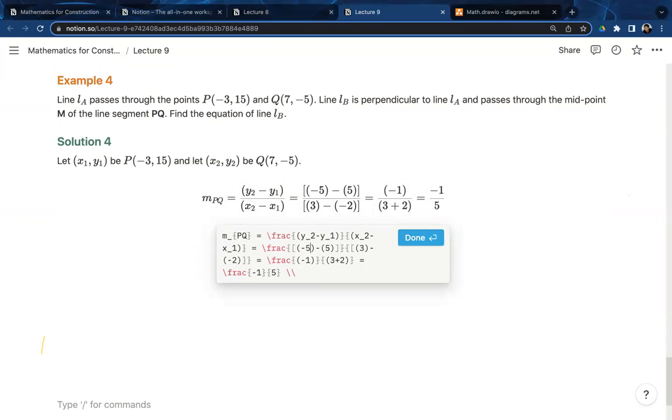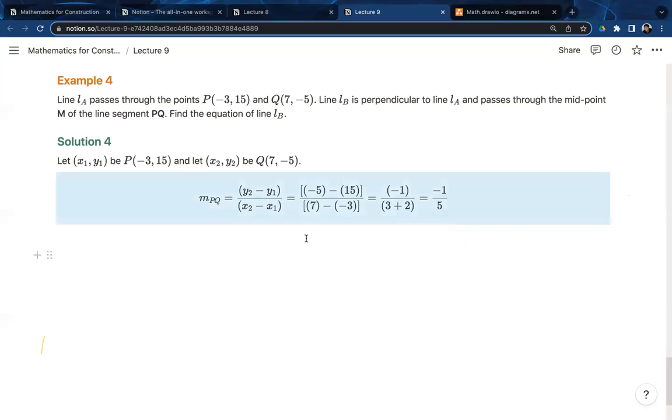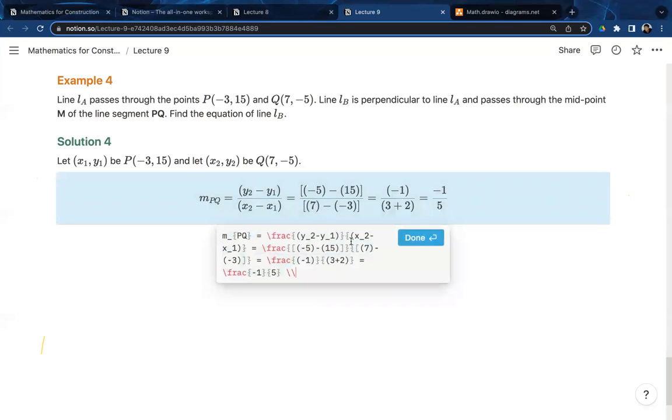Y2 is -5 and Y1 is 15. X2 is 7. X1 is -3. So -5 minus 15 over 7 minus -3. -5 minus 15 is -20, and 7 minus -3 is 10.